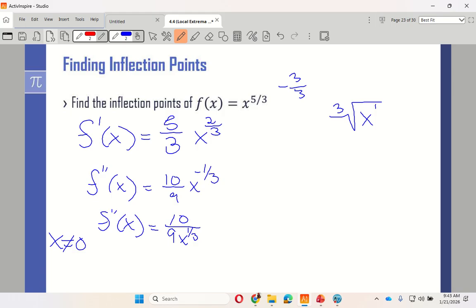That's what the 1/3 means, right? Am I allowed to have negatives here? Yes, because it's a cube root. It's odd, so I'm allowed to have negatives. I can take the third root of -8, which is going to be -2 times -2 times -2. Do I have 3 of them?